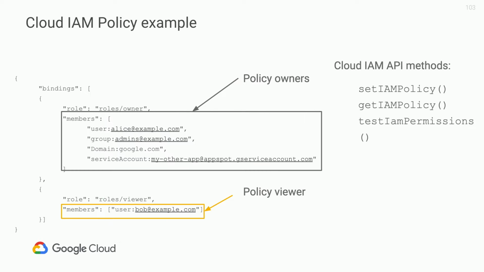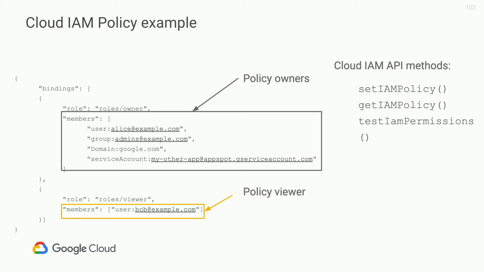This is what a policy looks like. It consists of a list of bindings. A binding has a list of members and a role. So for example, you have a member, alice@simple.com, and you can assign them a role, like the owner role.